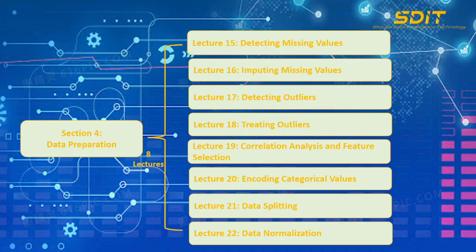In lecture 21, we will learn how to define the feature X and target Y, or we call them independent variables and dependent variables, and also other names we will talk about in this lecture in detail.